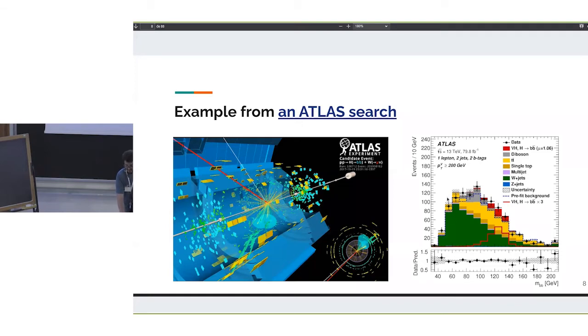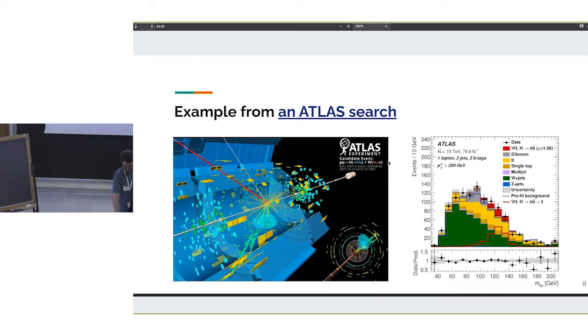We have the expected distribution in this high level observable for all our background processes, for all our signal processes. We can detect if we are measuring this signal, and we can constrain all the parameters of interest, which in this case was the coupling of the Higgs to the b quark, and also the production cross-section of the Higgs in association with a vector boson, in this case, the W. So for me, this is a beautiful picture, but that's beside the point.